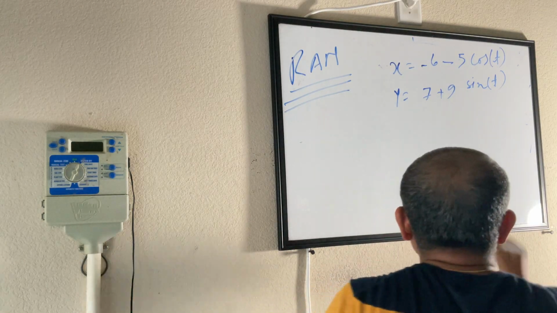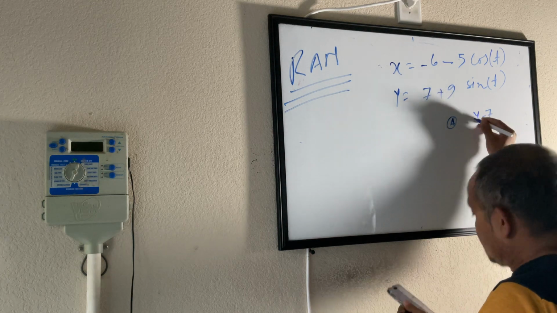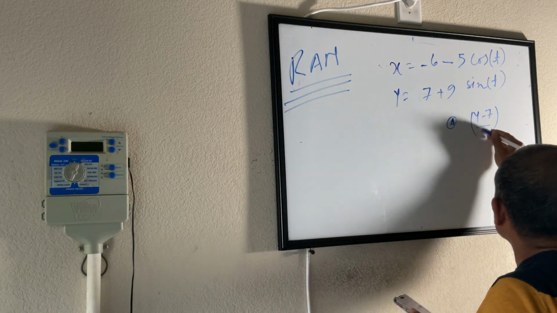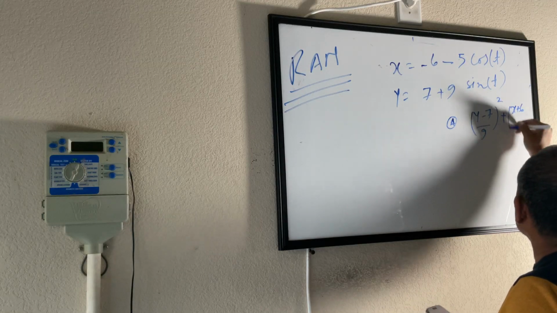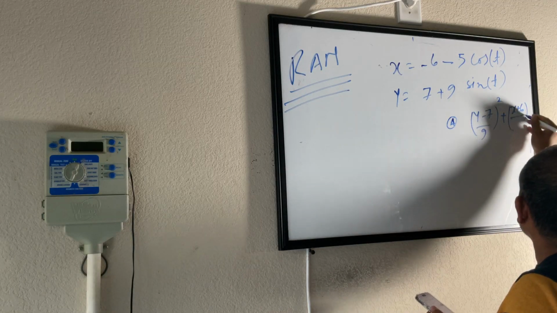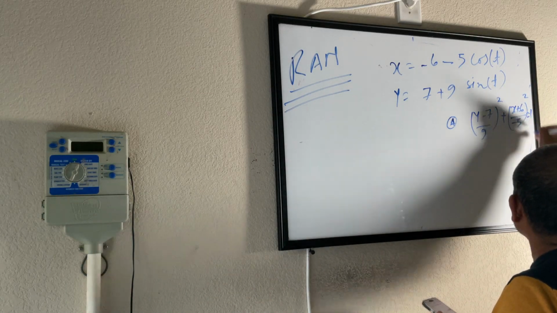And here are the options given to you. ((y minus 7) over 9) squared plus ((x plus 6) over minus 5) squared equals 1.